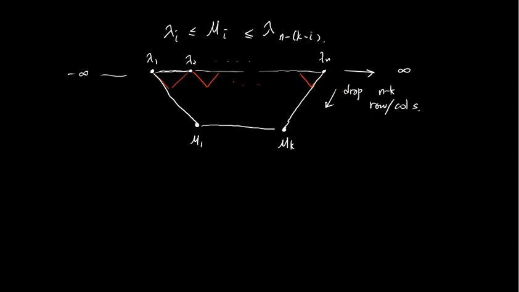In order to remember that, one easy thing is that mu1 is still greater than or equal to lambda 1, and mu k is still less than or equal to lambda n. The smallest is in between the smallest and the biggest, and the biggest is still in between the smallest and the biggest. But how about something in the middle? If I pick this one, this is mu i. I take a particular mu i, and what I can see is, let me move it to the right a little bit.